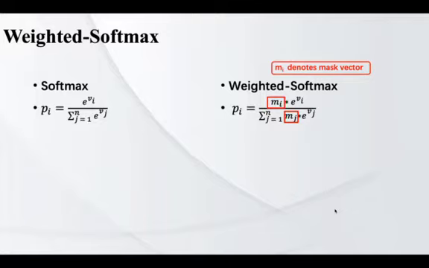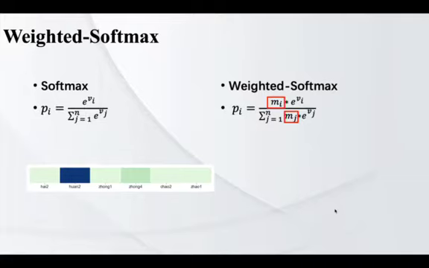And here is an example to show the effect of the Weighted-softmax. As we can see, the correct pronunciation of the input polyphonic character is zhong, and its candidate pronunciations are zhong and zhong. As for the softmax function, the model prediction is huang, which is not reasonable at all.